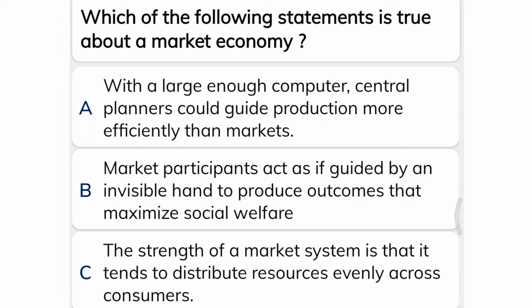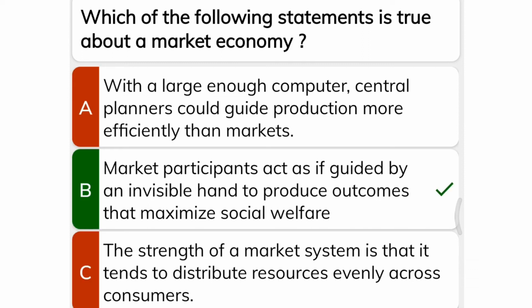Option C, the strength of the market system is that it tends to distribute resources evenly across consumers. Option D, taxes help prices communicate costs and benefits to producers and consumers. And the correct answer is option B.